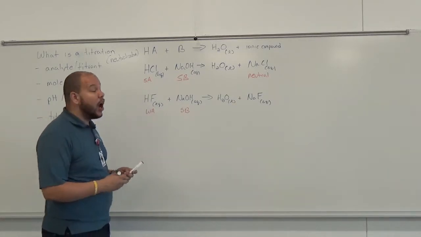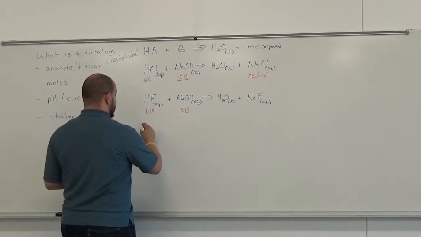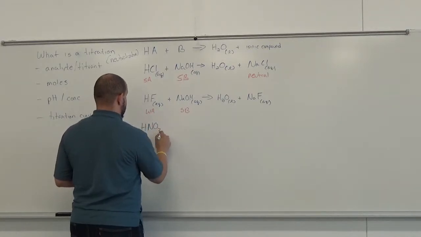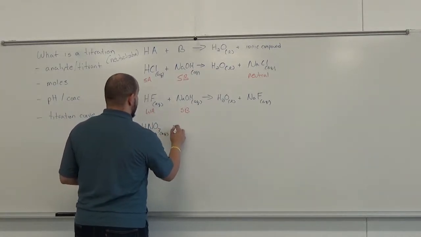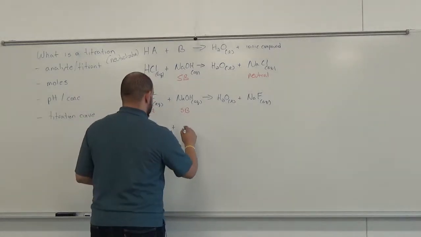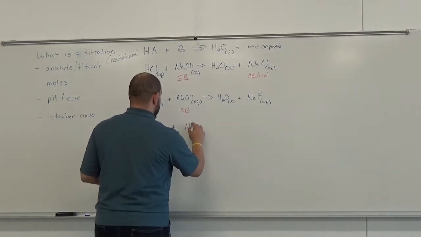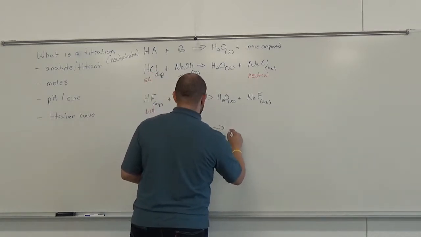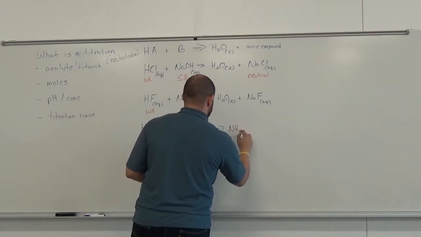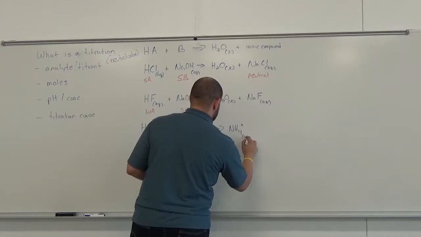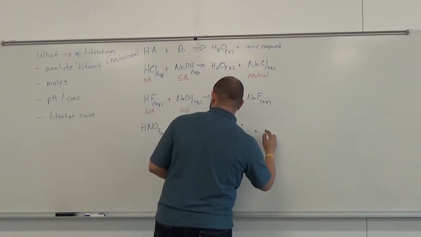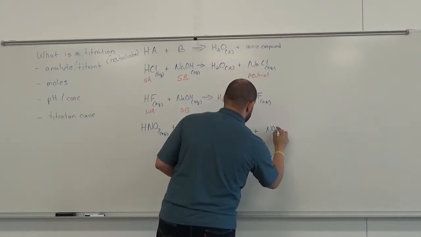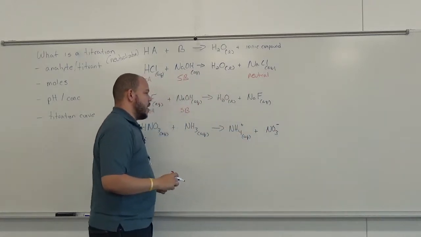Now, let's talk about the other example, which is when we're dealing with a strong acid, let's say nitric acid, plus a weak base, let's say NH3. Now we have NH4 plus nitrate.